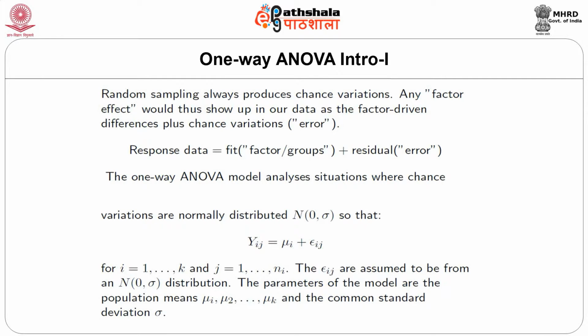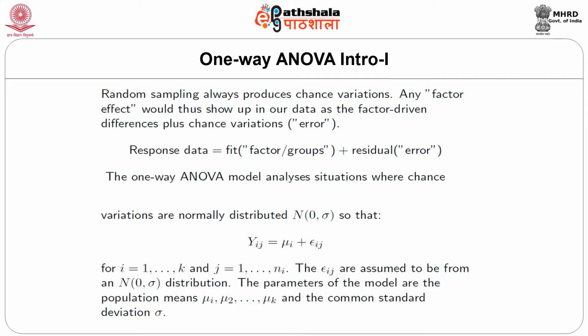Random sampling always produces chance variations. Any factor effect would thus show up in our data as the factor driven differences plus chance variations, error. Response data equal to fit ("factor or groups") plus residual ("error").